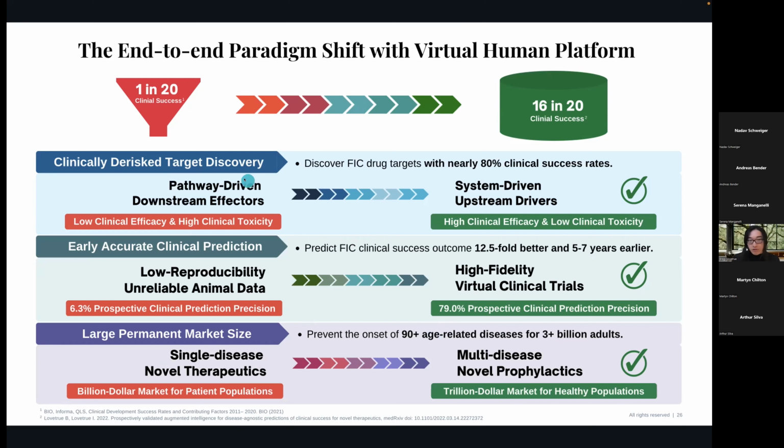And so our platform can be leveraged, as you can see, at different stages in the entire drug discovery and clinical development life cycle. And so that's all my introduction. I'm happy to take questions.